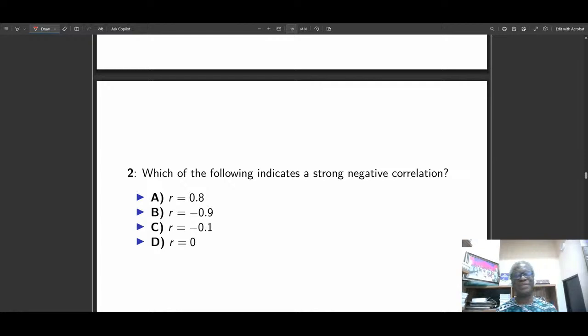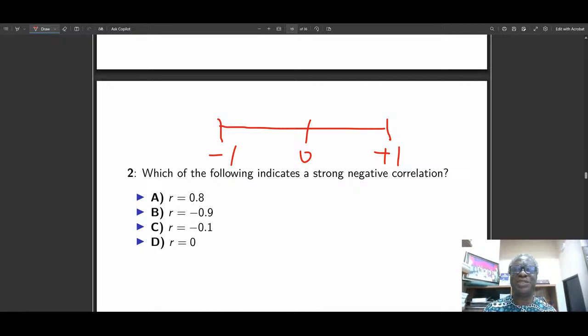Strong, -0.1 is very close to 0. So since we are talking about negative, I showed you, if you have here, you have -1 and you have 0 here and you have +1 here.